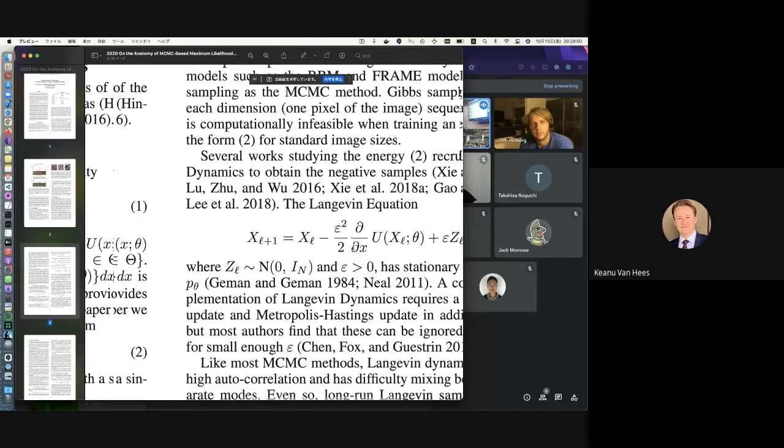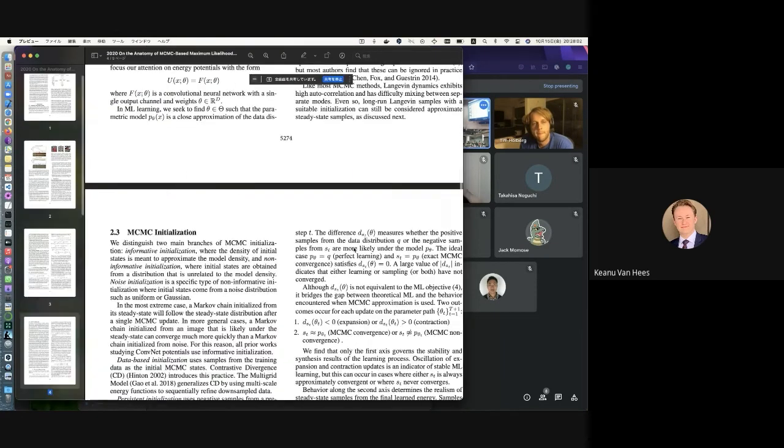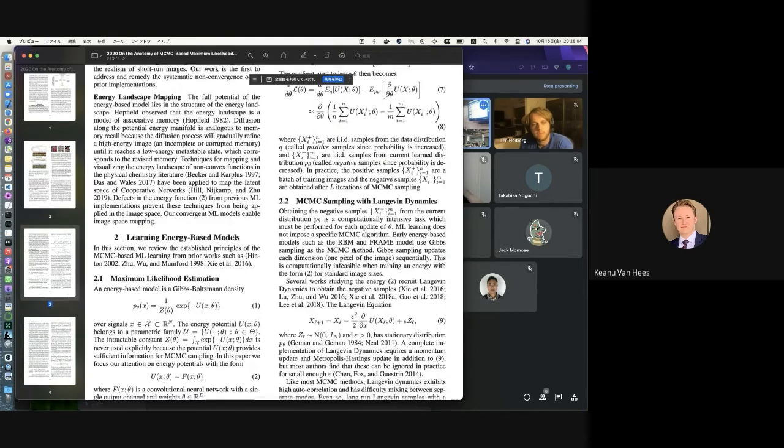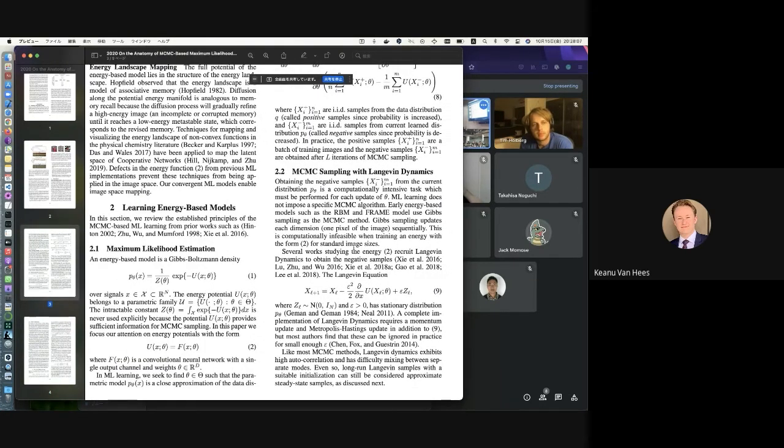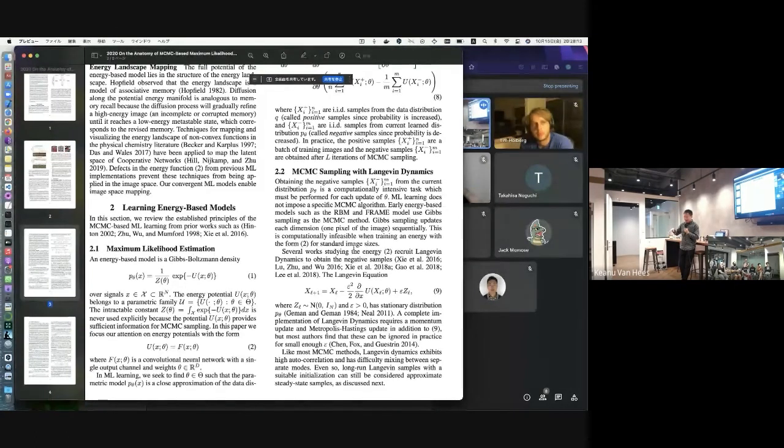I think they got their idea from physics, because the key idea is to construct a Markov chain, so then the Markov chain has the desired distribution as that neural network represented distribution.